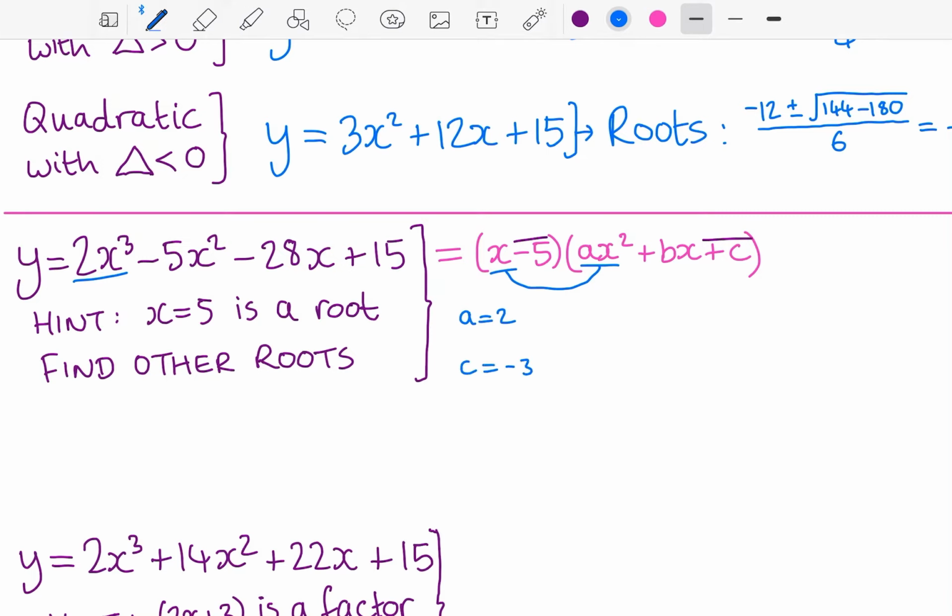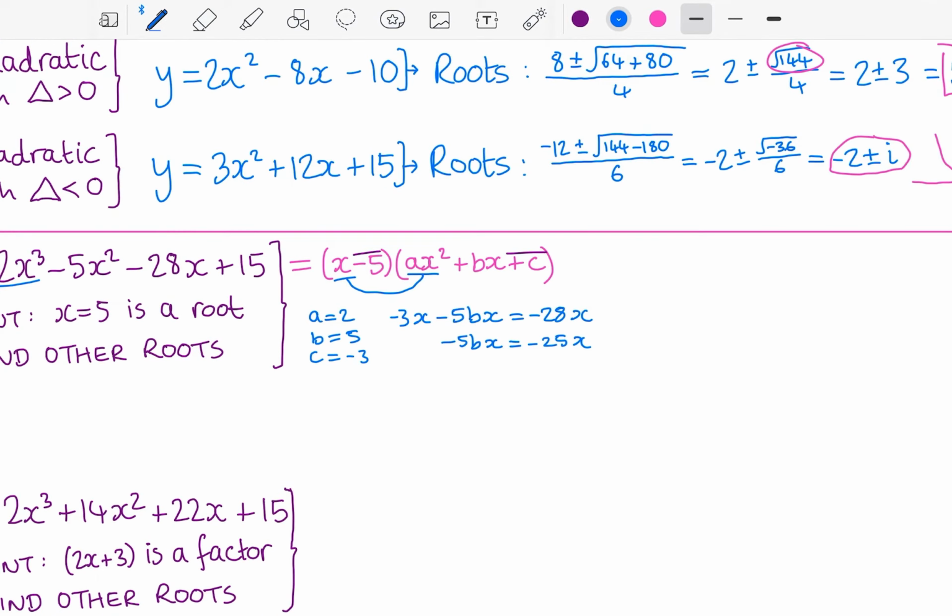Then the final one will be a tiny bit trickier. You can either take the x squareds or the x's, and let's just go with the x's, because there's two combinations that will give us a result of minus 28x. C times x will combine with minus 5bx, and that should equal minus 28x eventually. C is actually minus 3 now. So we'll have minus 5bx equals minus 25x, and so b is 5.